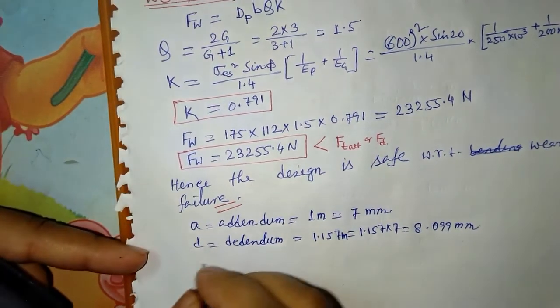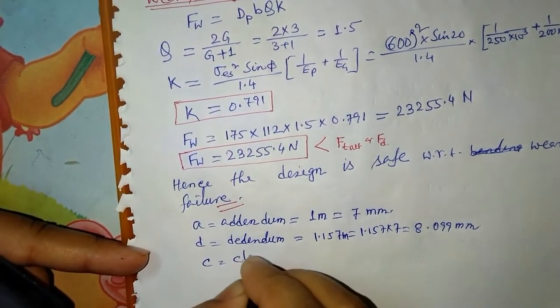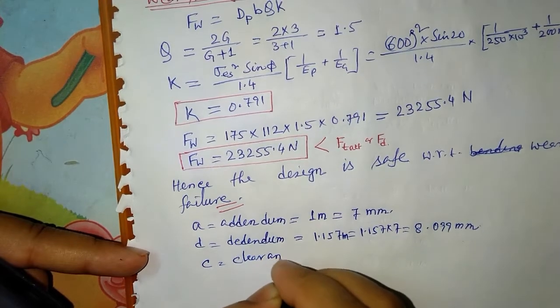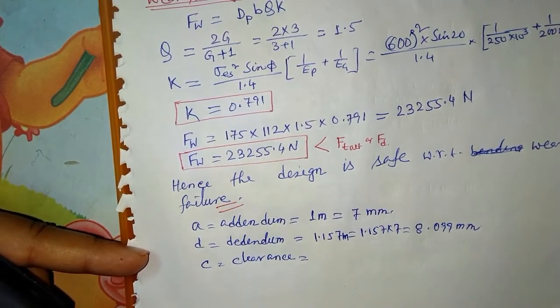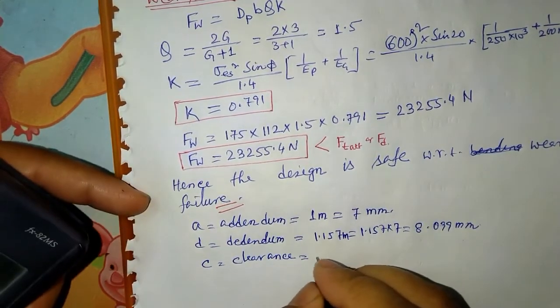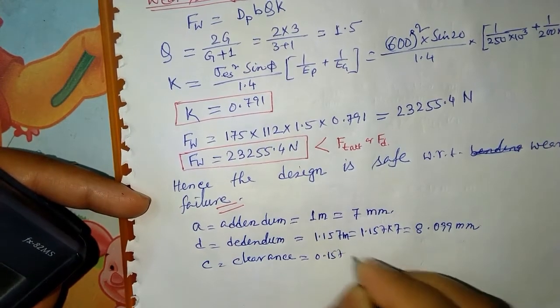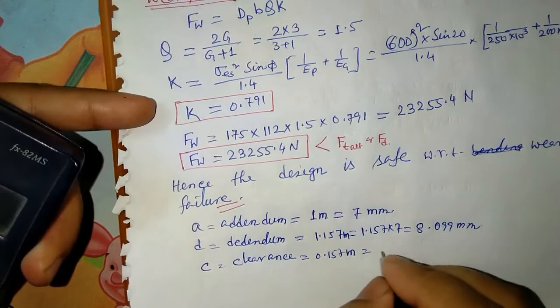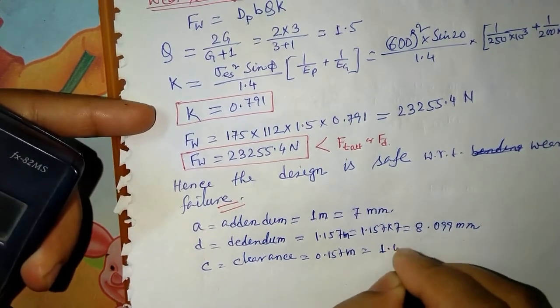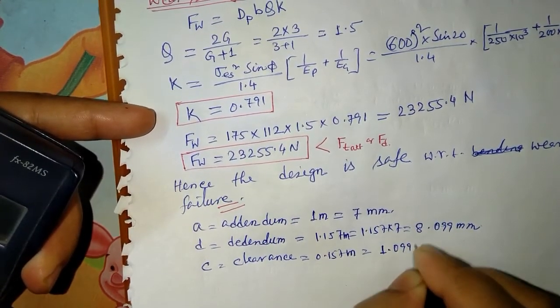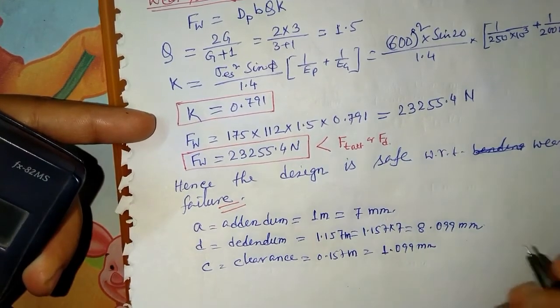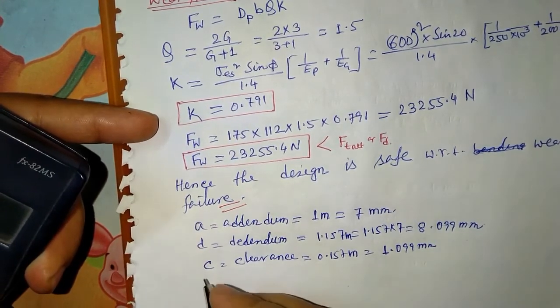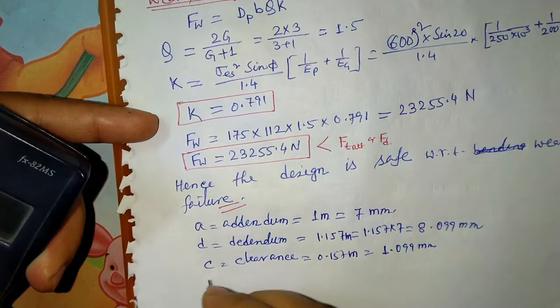Okay, now we have clearance, clearance is equal to 0.157 into m, that is our 1.099 millimeter.